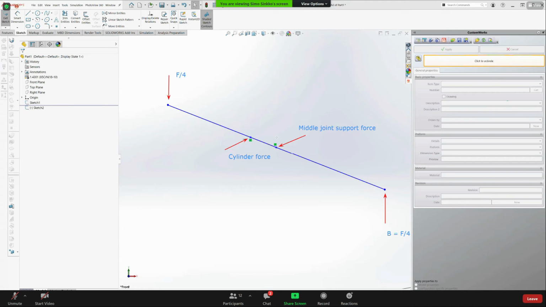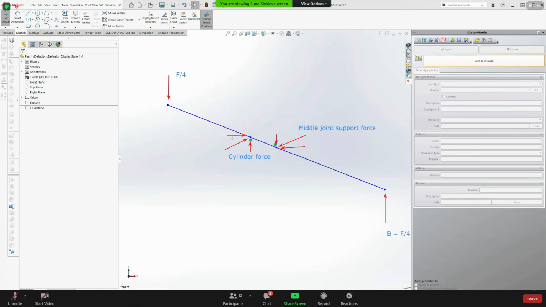Sorry, is the Y of the cylinder force also equal to the Y direction of the middle joint support force? It's not exactly like that because they are in different positions. Okay. But it might be.